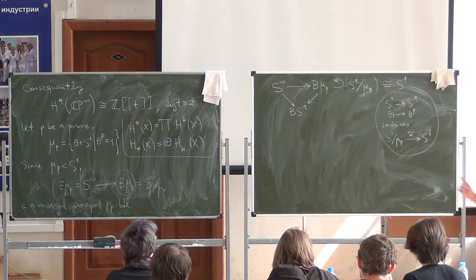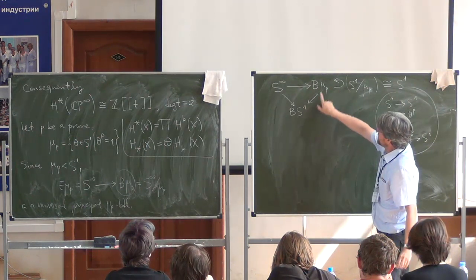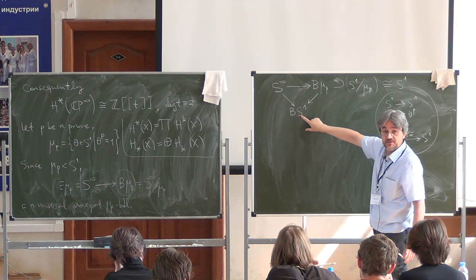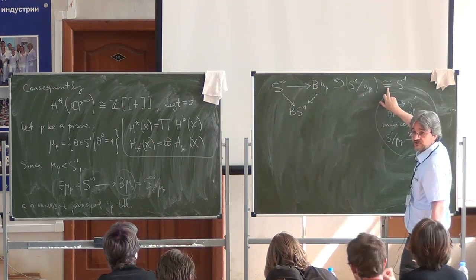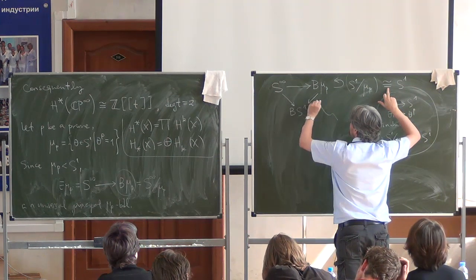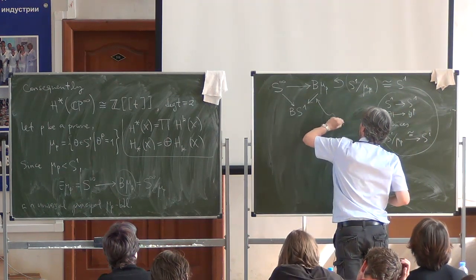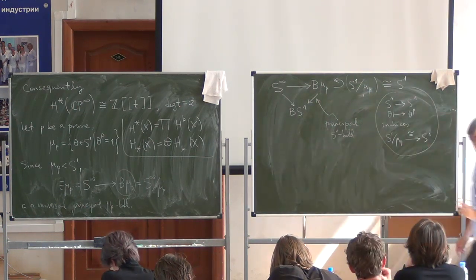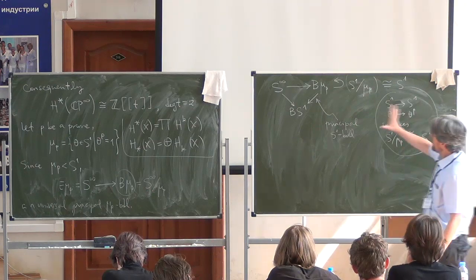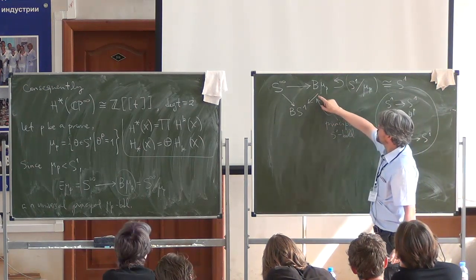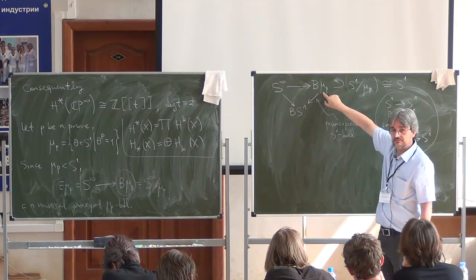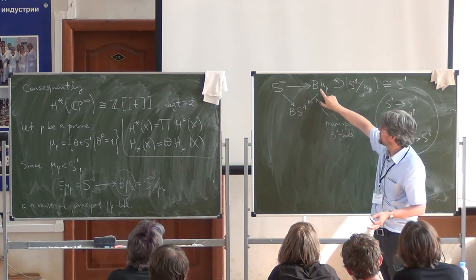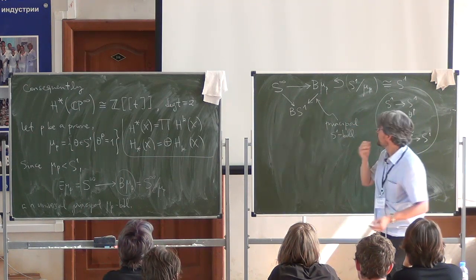So now the projection from B mu p to BS1 becomes a principal S1 bundle via this identification. So if we know how to compute the first Chern class of this bundle, then we will be able to apply Gysin's exact sequence and compute the cohomology of this guy.